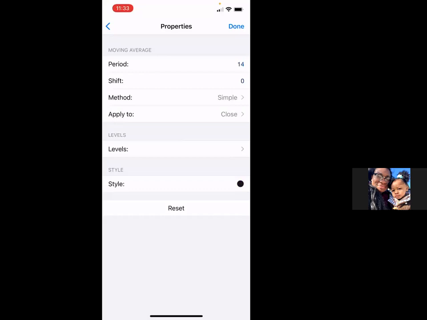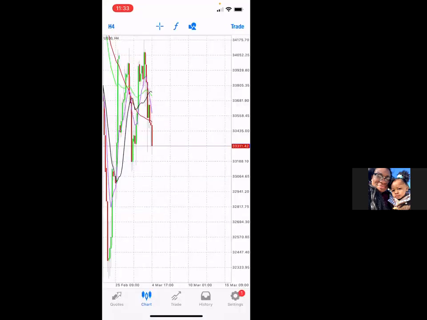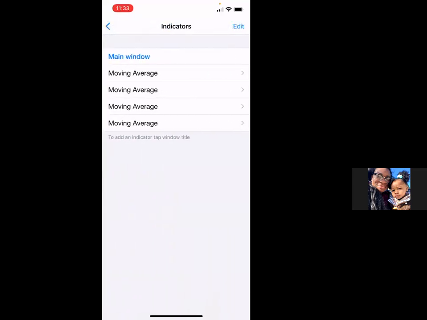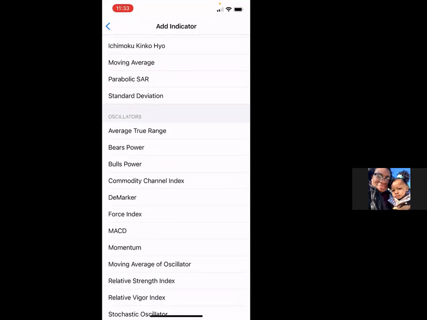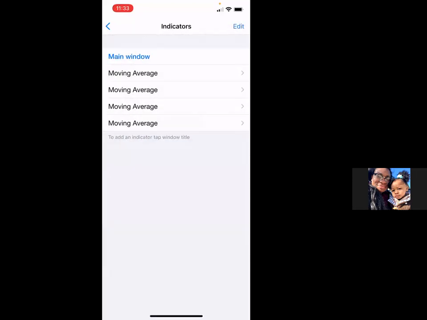Where do I find the properties and stuff? Hit the F at the top. Then you hit main window. Then you go to add moving average, and then you make them, and then you set them from there. So you go to main window, and then moving average right here. You press it, then go to the settings, hit save, then go back to main window, go to moving average again.